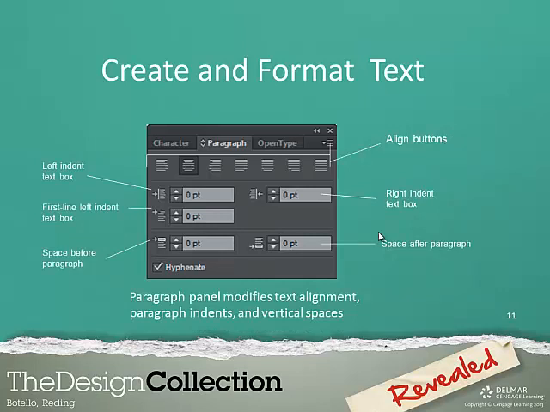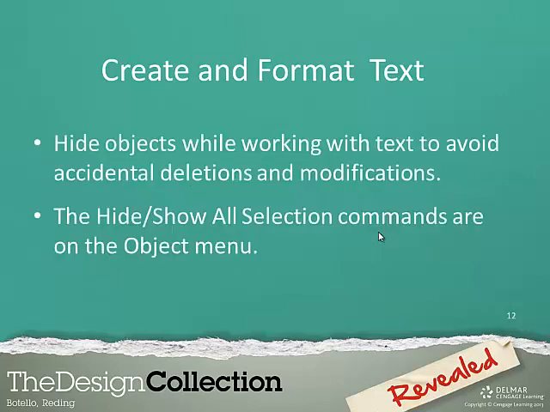This shows your paragraph panel and where your attributes, your space after paragraph, space before, first line indent, right indent, alignment, and your left indent boxes are there on your paragraph panel. And then in step 12, you can hide objects while working with text to avoid accidental deletions and modifications. The hide, show all, and selection commands are on the object menu.